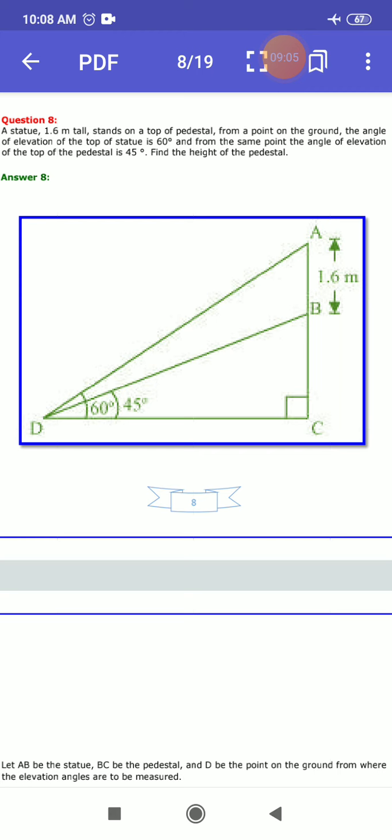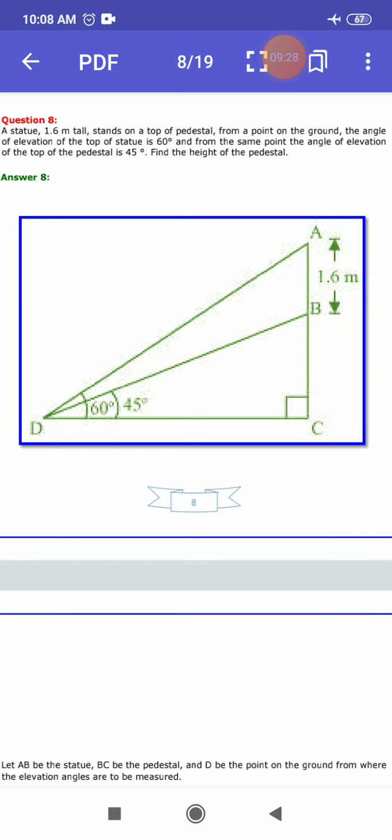Find the height of the pedestal. This question is just the same as the previous question. I will only tell you how to create the figure, and then you have to solve this question yourself.